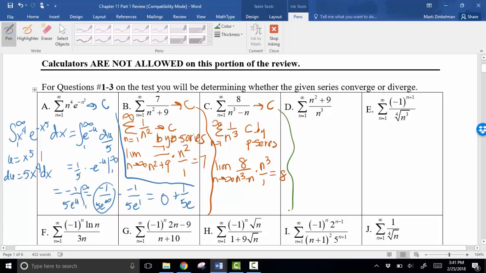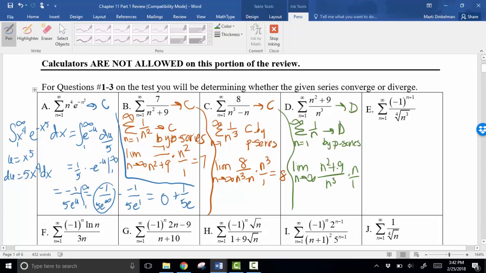Really similar on D. I'm going to compare it to 1 over n, which diverges by p series. Again, this is the point where I would say diverge here. If I needed to prove, it would be the limit as n approaches infinity of that n squared divided by 1 over n, which is the same as multiplied.